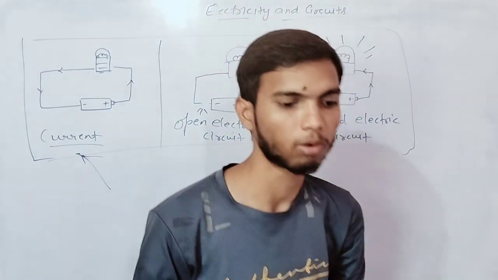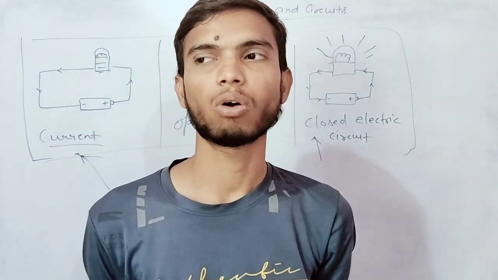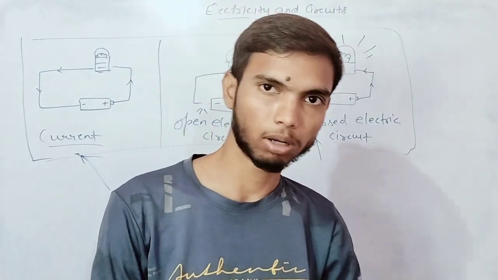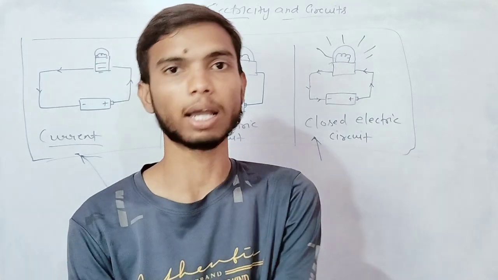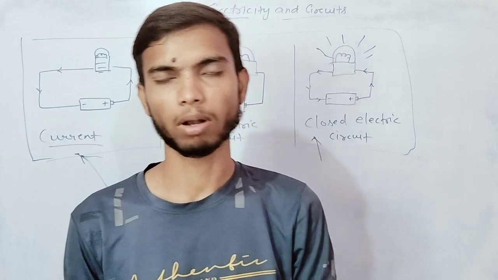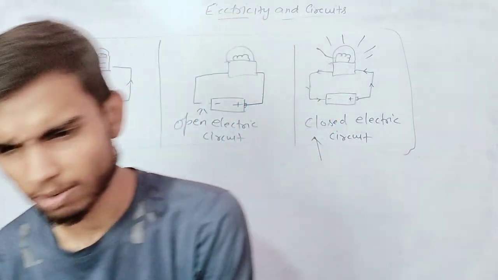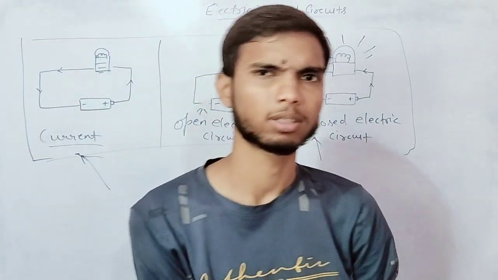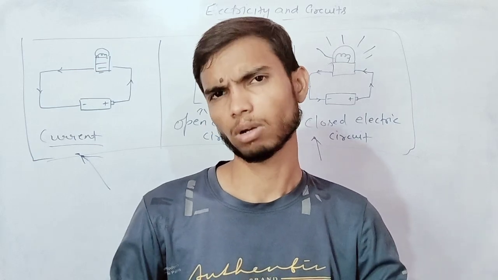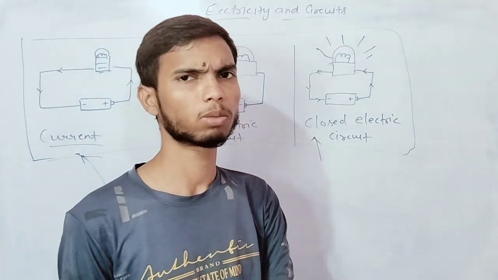Now here everything is fine. Nothing is broken. The wire is proper. The wire is connected to the bulb and to the battery. The bulb is not broken. Even the filament is not broken. So the bulb will glow. Nothing is broken.